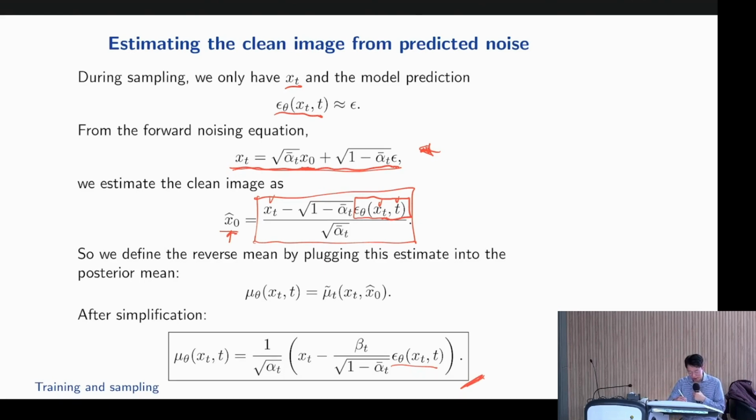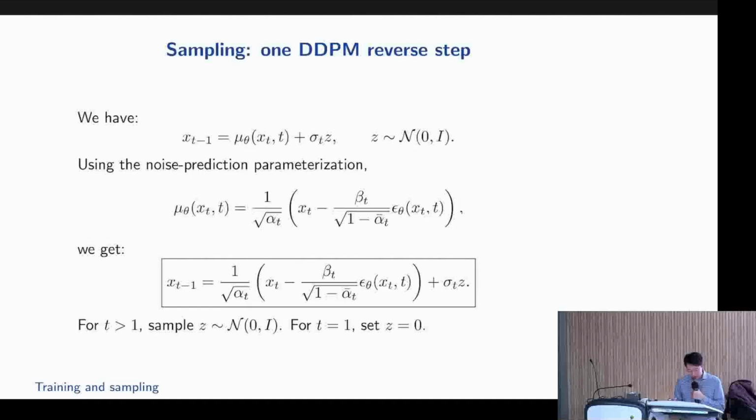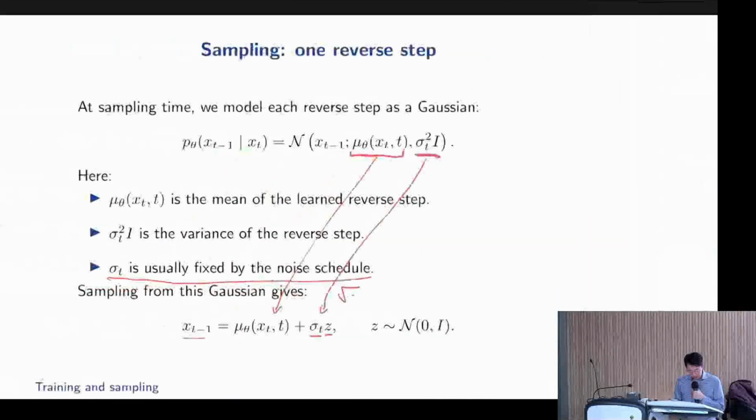We can now compute it, right? We have xt and t. We have the trained network. Now we can predict the mean of the one-step denoised image xt minus 1. All right, so going back, if we have the predicted mean of one-step denoising, we can sample IID Gaussian noise, apply the standard deviation that's pre-scheduled, and that's going to generate a sample from this Gaussian distribution.